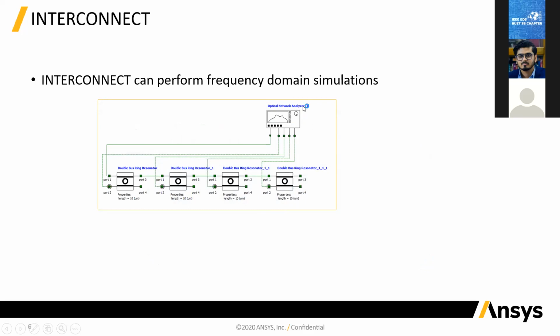You can connect the optical network analyzer to your circuit. It acts as the source, and at the same time, it acts as the visualizer. You hook up all the outputs to the analyzer, and then if you run a simulation, the analyzer calculates the S parameter of the whole system and gives you the frequency response.